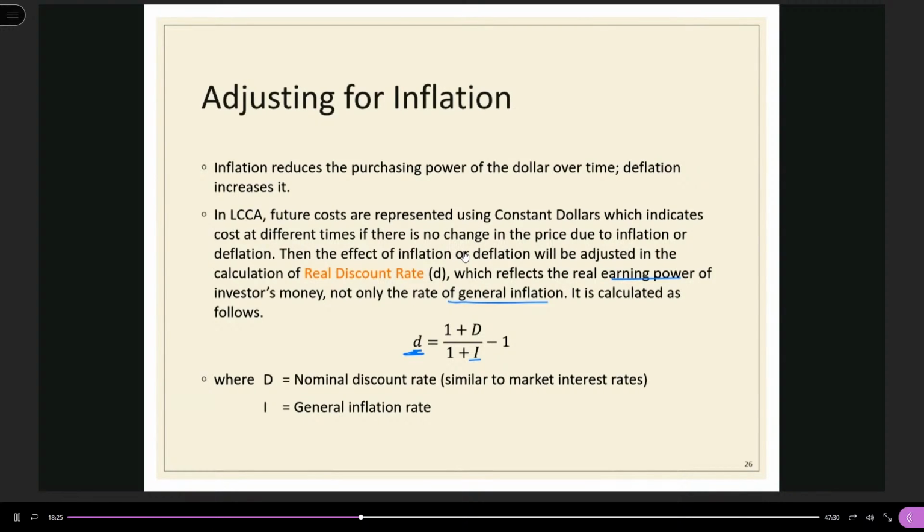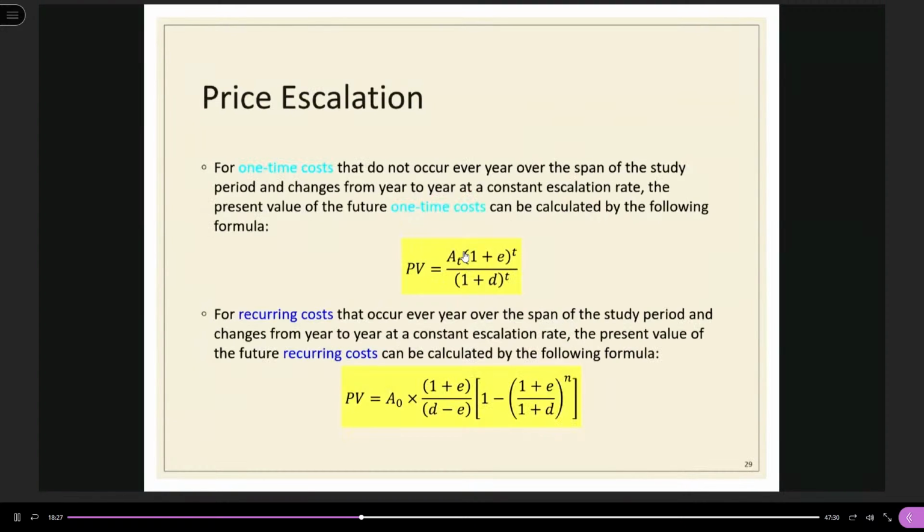On this slide, apart from your earning power and the inflation, we also want to include the price escalation. So for one-time costs that do not occur every year over the span of the study period and change from year to year at a constant escalation rate, the present value of the future one-time cost can be calculated by the following formula.